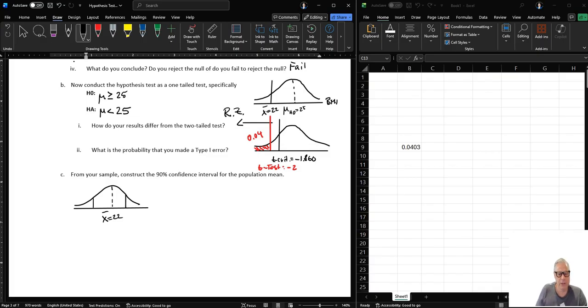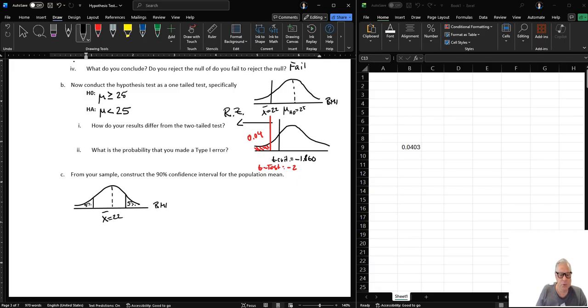So if you build a 90% confidence interval around that one, that means you have in the right pocket 5%, and here you have 5%. So now here we have everything in terms of BMIs.